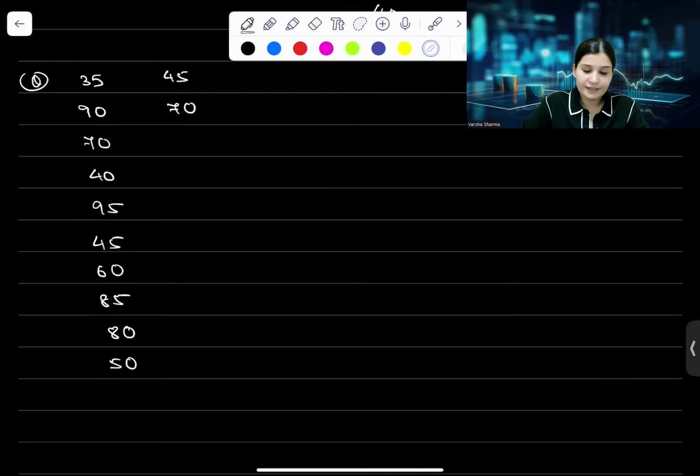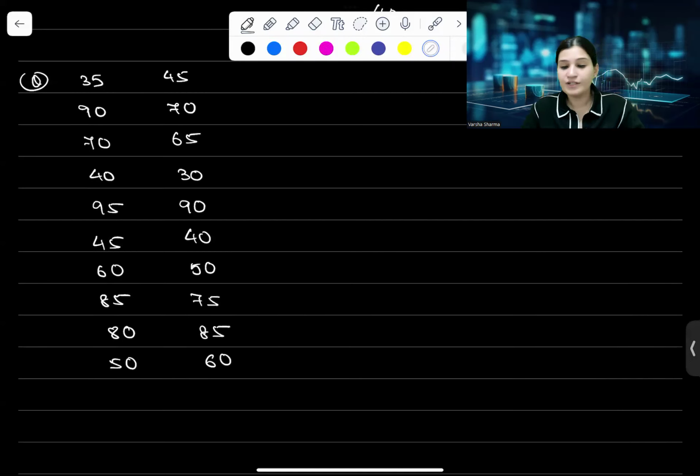Y: 45, 70, 65, 30, 90, 40, 50, 75, 85, 60. First, you need to assign them rank, either in ascending order for both of them or descending order for both of them. It doesn't matter. Assign them rank.